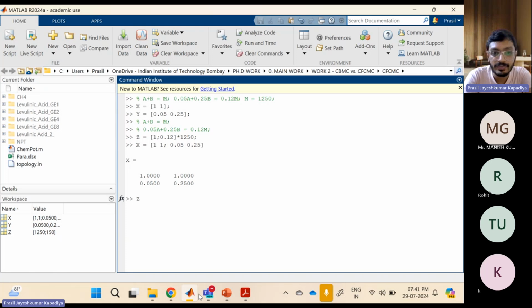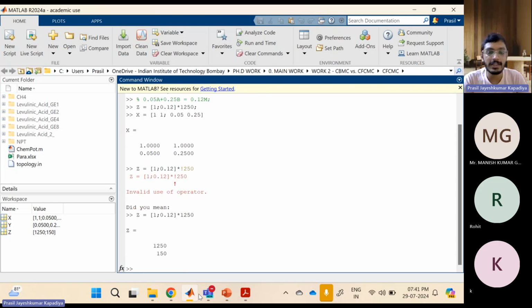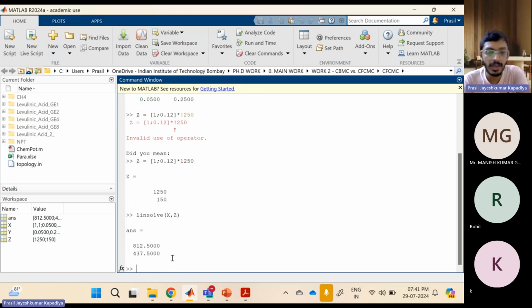And my z we have already written is equal to 1 semicolon 0.12 into 1250. Sorry, it is 1250. So I need to solve x comma z, and I will use the command linsolve. I will put x comma z. So it will give me a is 812.5 and b is 437.5.